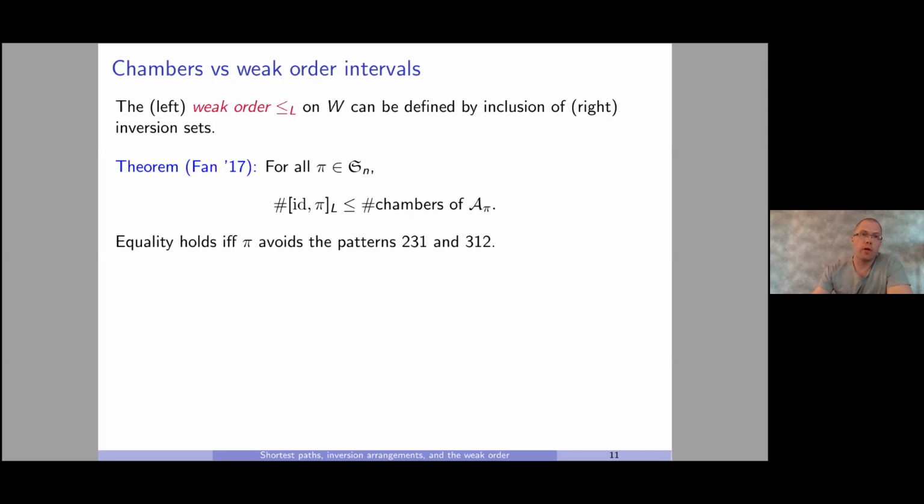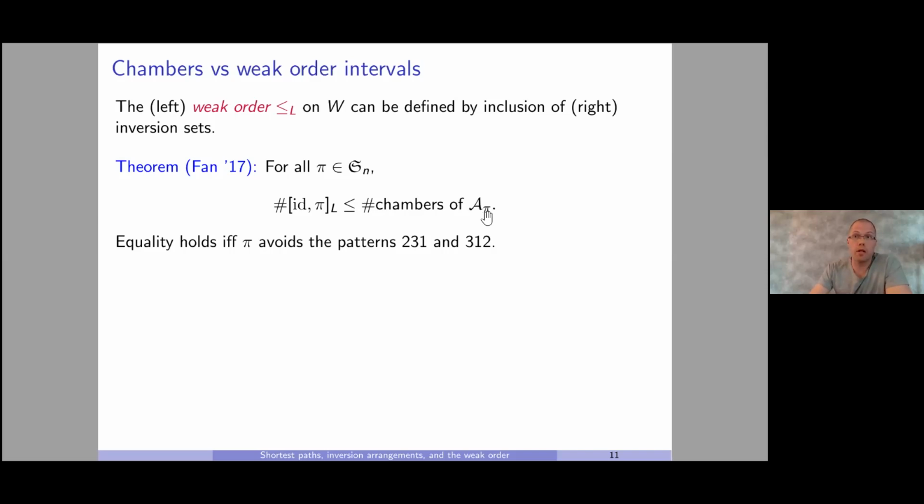And in a recent paper by Fan, he connected, in type A, the weak order with these inversion arrangements. For all permutations in a symmetric group Sn, you look at the principal order ideal, the interval from the identity to your element in the left weak order. And then the number of elements is at most the number of chambers of the inversion arrangement.